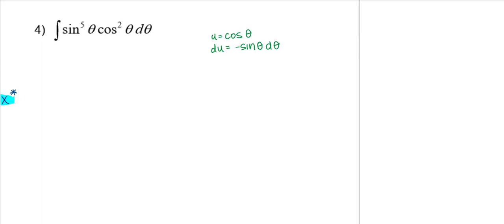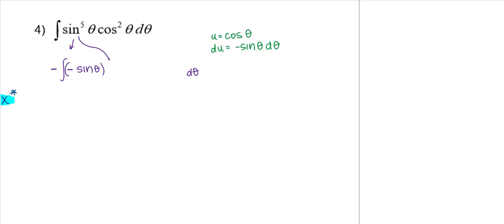Okay. Well, I can rewrite this. That way I reserve my du, so I'm going to throw a negative inside my integrand and a negative outside. I'm going to write 1 sine of theta because that's what I need for my du. At the very end, I'll put d theta. I don't like putting d theta in the middle. Then how many sines would be left?